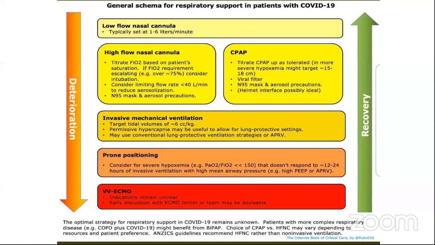So we start with simple face mask and nasal cannula, then non-invasive maneuvers like high flow nasal cannula and CPAP, plus awake prone position. If the patient is not responding and is worsening, we can proceed to invasive mechanical ventilation. If still not responding, we go for one of the rescue therapies, prone position or VV ECMO.